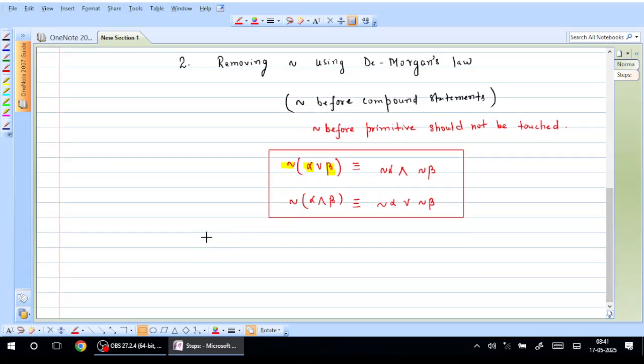And I have the final step. The final step is we should apply the distributive law till we get the desired form.